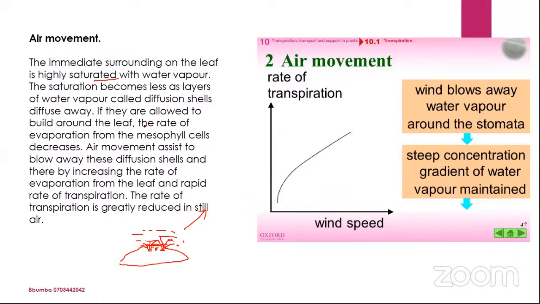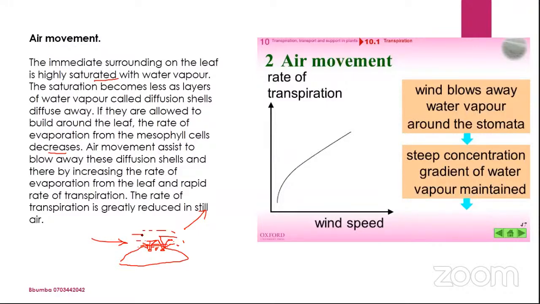So if they are allowed to build around the leaf, the rate of transpiration in the mesophyll cells does what? It decreases. That means in this case, there is going to be almost still air, no air. Have you ever been in a place whereby you can't feel any kind of air blowing on your skin? That is the situation that I'm talking about.